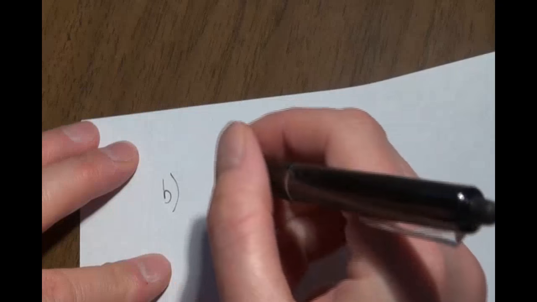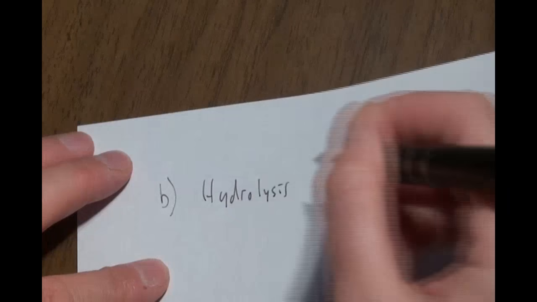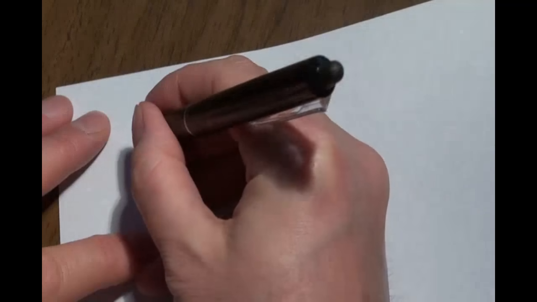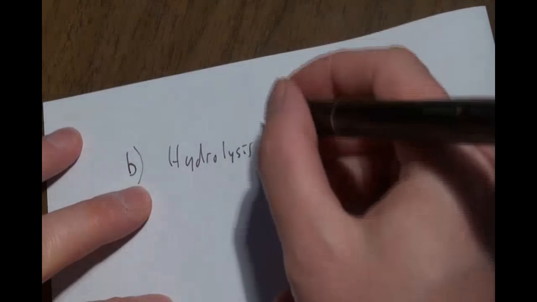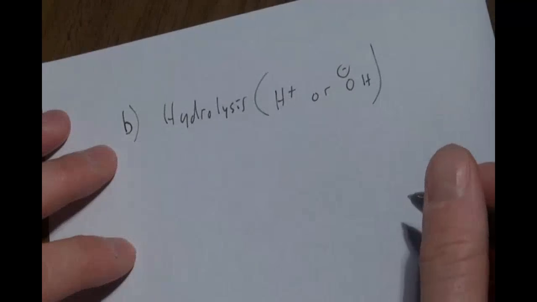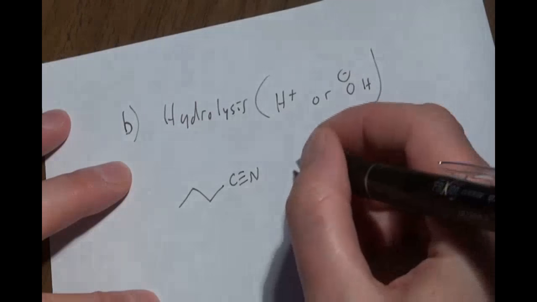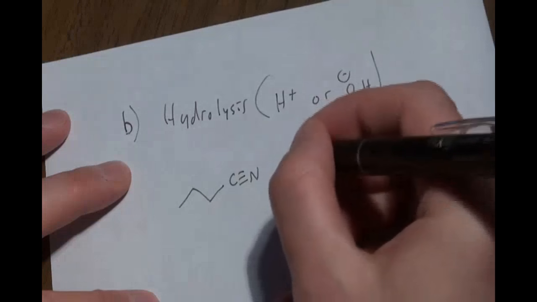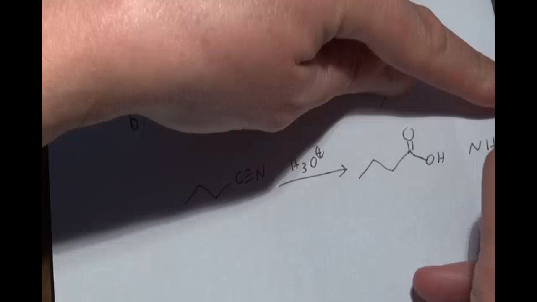So, hydrolysis. Hydrolysis is a reaction of a nitrile, and we have learned this extensively already. H plus or OH minus. I think it was on one of the quizzes, we've seen it recently. And hydrolysis of a nitrile gives a carboxylic acid and NH3.